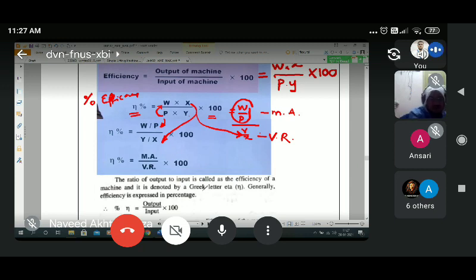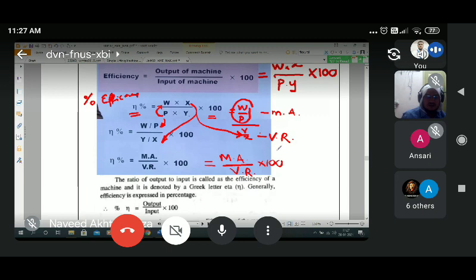So here we come to the conclusion that the efficiency of a machine in percentage is nothing but the ratio of mechanical advantage to the velocity ratio into 100, because we are calculating efficiency in percentage. So this is the formula to calculate the efficiency.